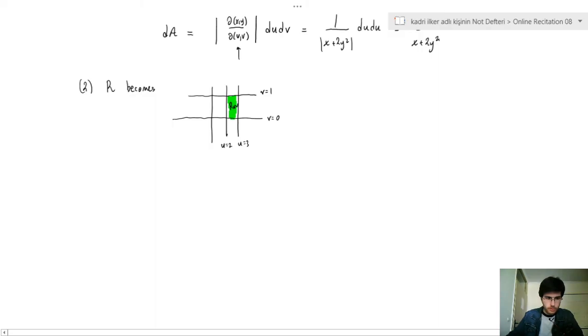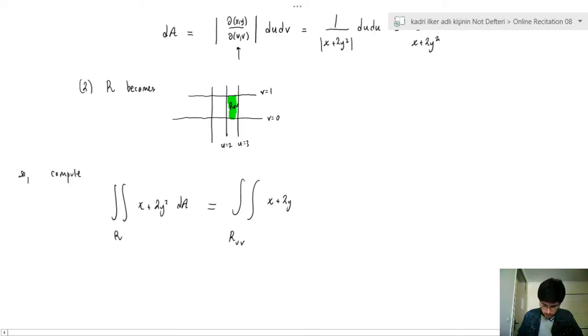Then we are almost done. So let's do the final computation. We have this double integral, with 2y squared dy. Now everything will be written in the language of UV.